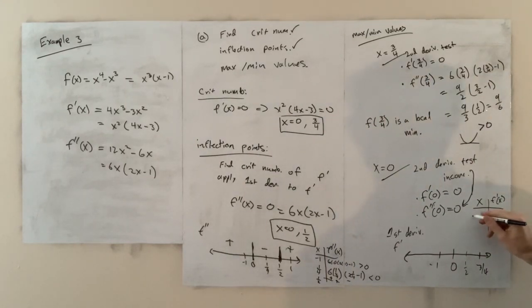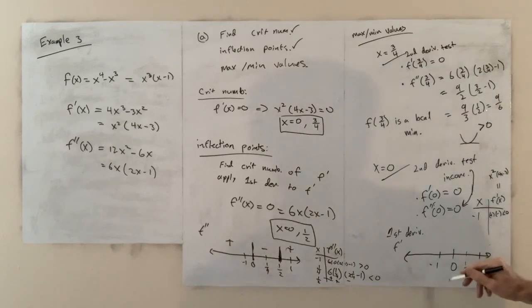If we plug in -1, remember f prime of x looks like this: x squared, 4x minus 3. So you're going to get a positive value times -4 minus 3 times a negative value. So this is going to be less than 0. So this is going to be negative up to 0.